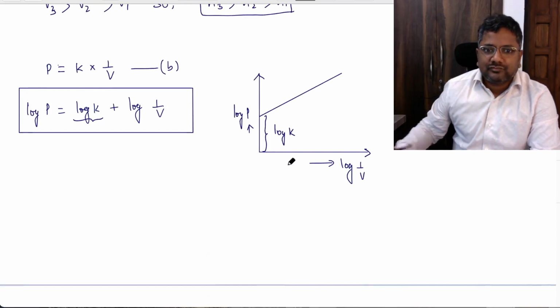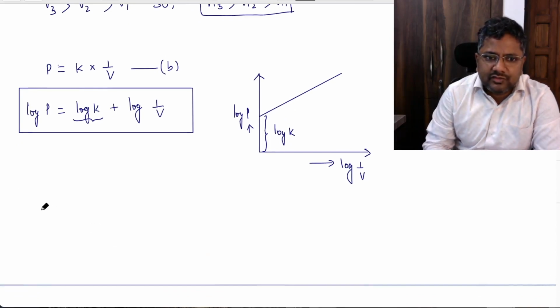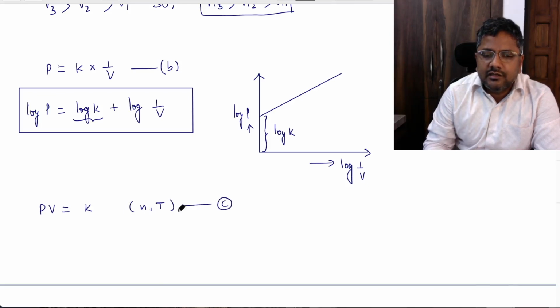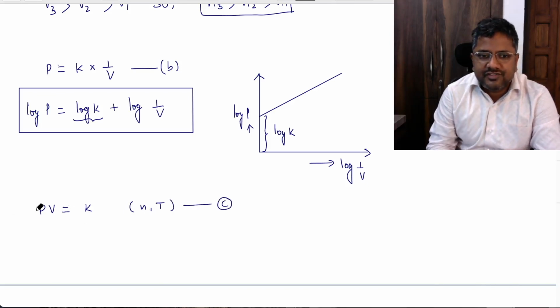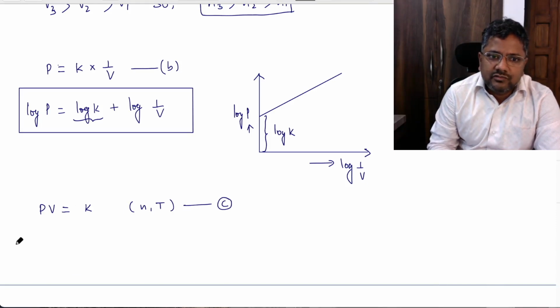Similarly, one more relation. Suppose PV is equal to K if N and T are constant. So if you differentiate this equation, you will have dP into V plus P dV is equal to 0.